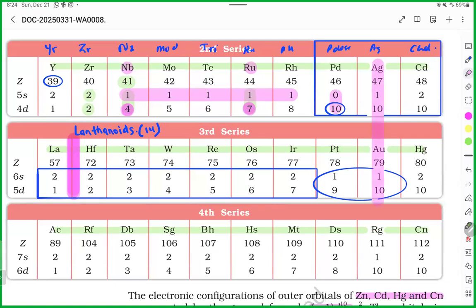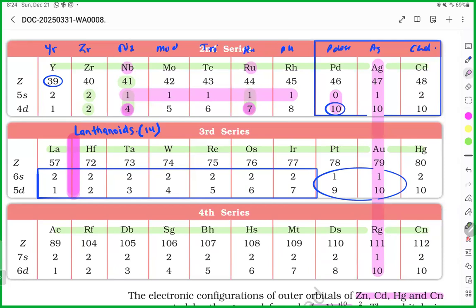Whether you take copper or silver or gold or roentgenium, in all the situations, what is happening? The second last element, group 11 element, tries to complete its fully filled d orbital.